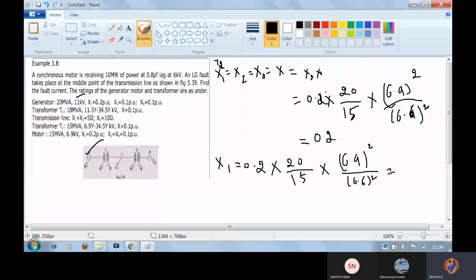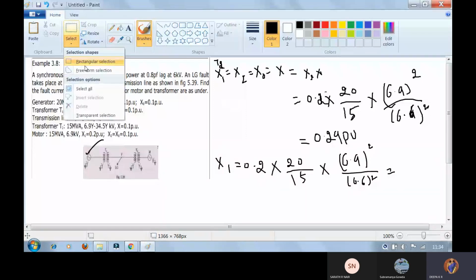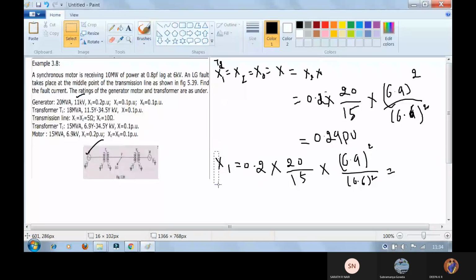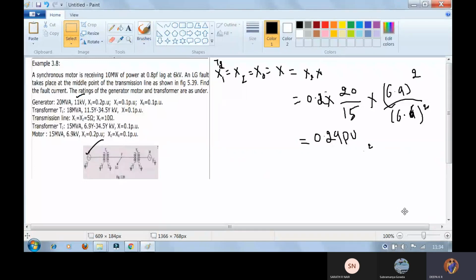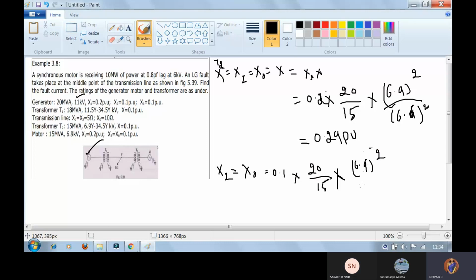And the last case, for the remaining x2 and x0, your reactance is 0.1. I think here your answer will work out. Just see to it once. X2 is equal to x0 is equal to, what is the reactance? 0.1 into new is 20, old is 15, into the same thing, 6.9 whole square divided by 6.6 whole square.